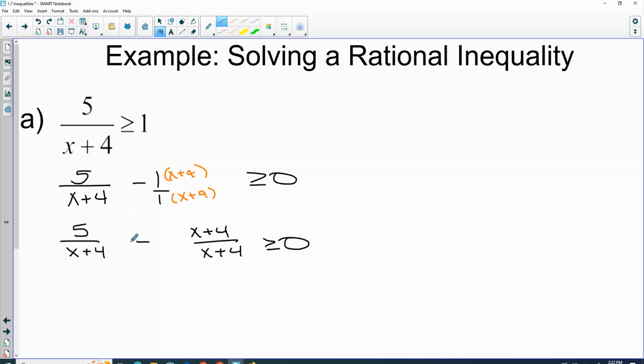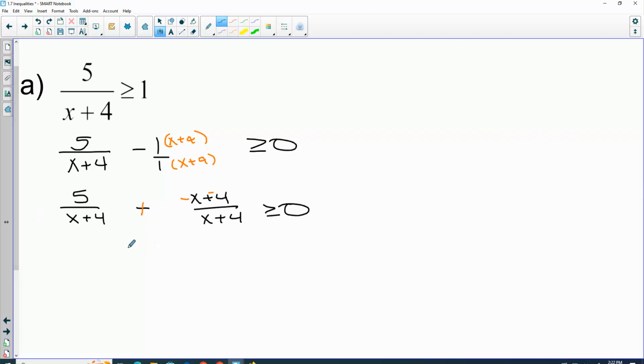Alright, it's a subtraction, so what do we do with that? We just need to subtract it. We could change it to a positive and run a negative through here. Now I have a common denominator, so I can put these together. The bottom will just be x plus 4. On the top, we have a 5 and a negative 4, so that will be a 1 minus x.